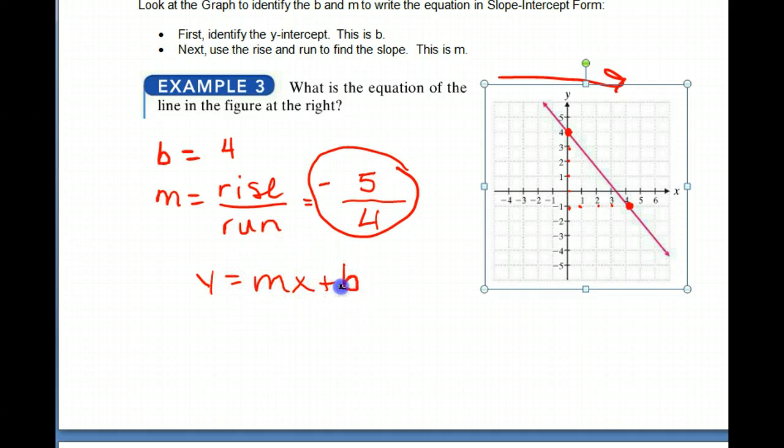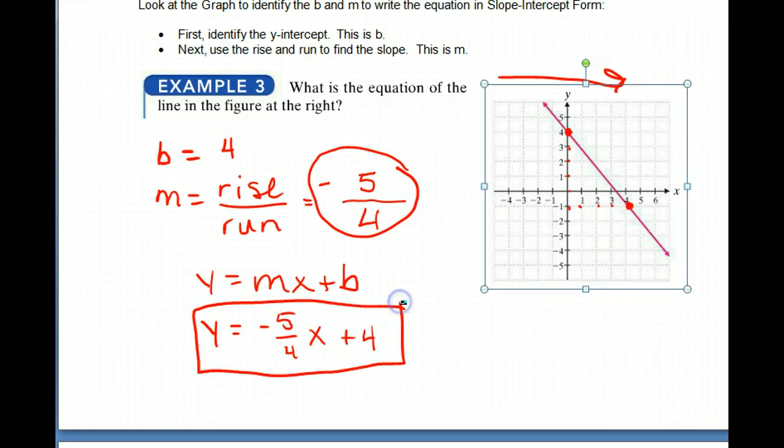So that tells us that we want to use slope-intercept form. We're simply going to plug in the slope of negative 5/4 and plug in the y-intercept, which was positive 4, and we're done. We have now written the equation of that line looking only at the graph.